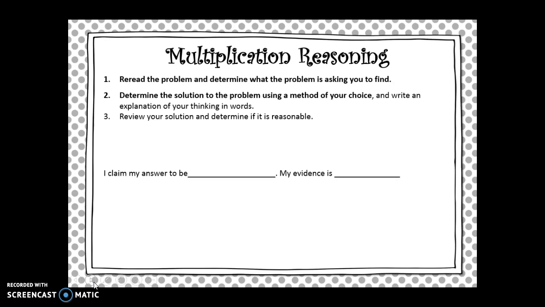When I'm writing an explanation, we want to get in the habit of talking about what we claim our answer to be. So here is a sentence stem that you can use when you're explaining your work. I claim my answer to be, and then you'll write what you think your answer is. And then you'll write the next statement that says, my evidence is. You have to prove with reasoning what you think the answer is.